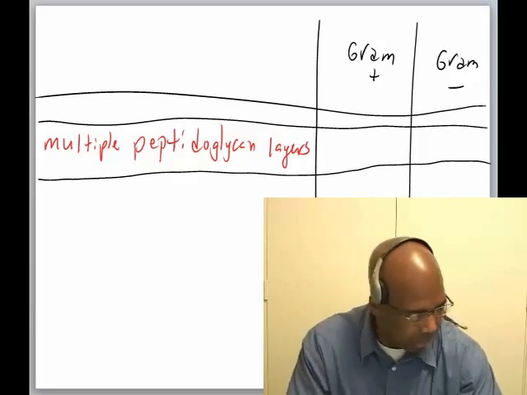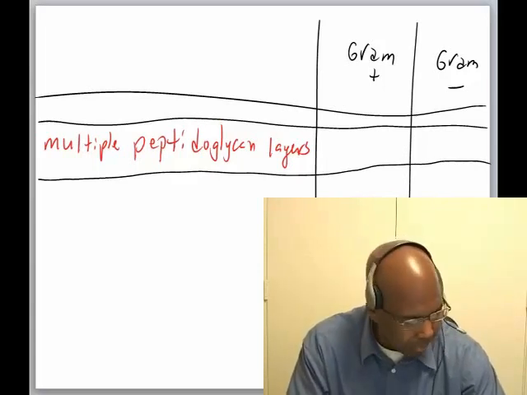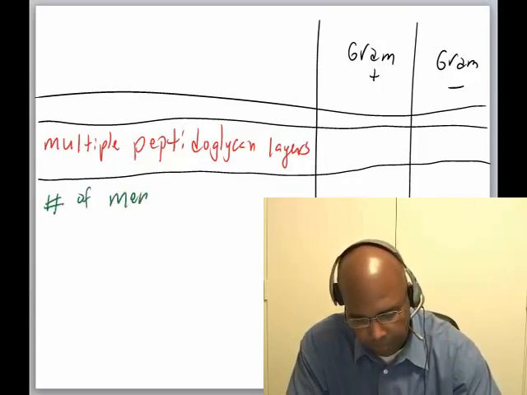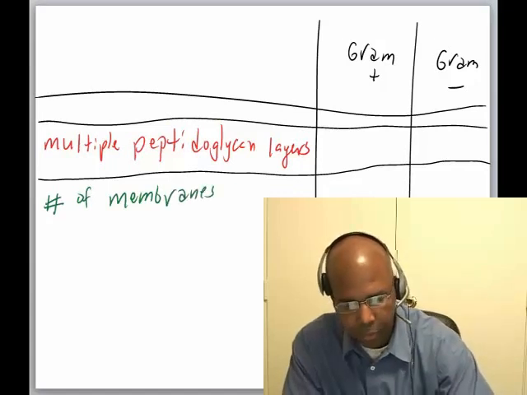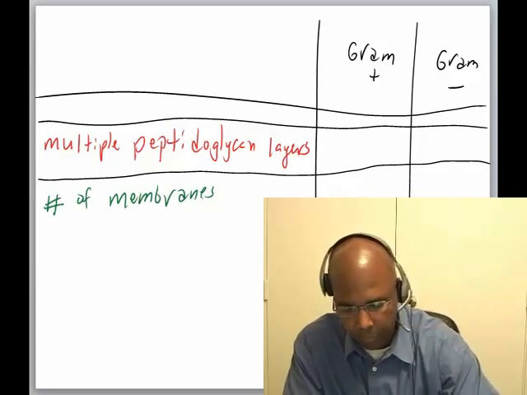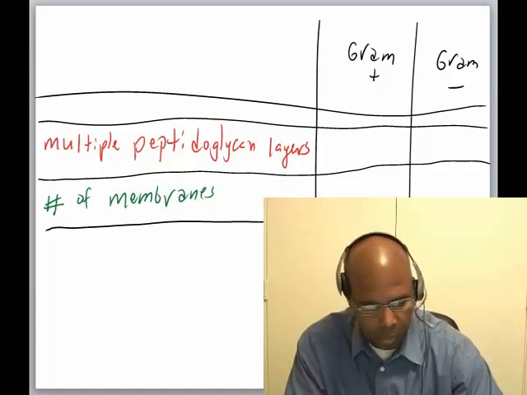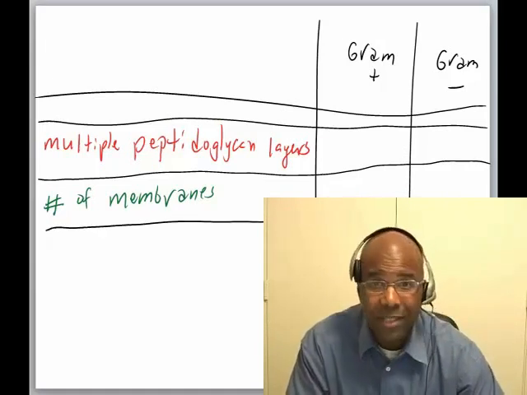Secondly, we're going to look at the number of membranes. How many membranes are there? Thirdly, we'll look at the presence of teichoic acid.